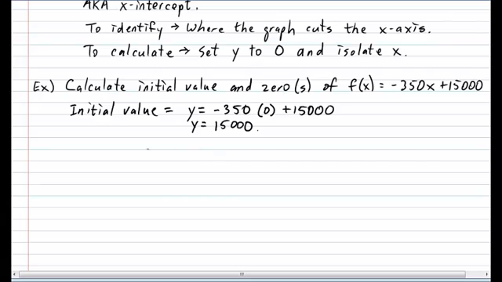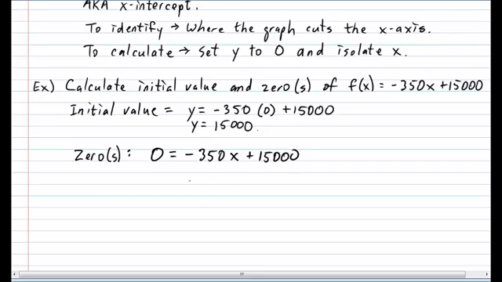Let's calculate the 0 or zeros. There could be more than one. So to calculate the zeros, this time we have to set y to 0 and isolate the x. So let's do it. 0 equals minus 350x plus 15,000. So go ahead, let's isolate the x.